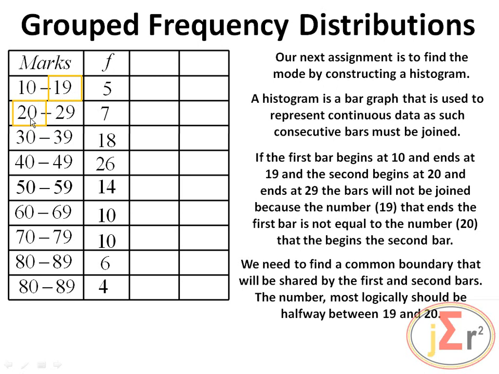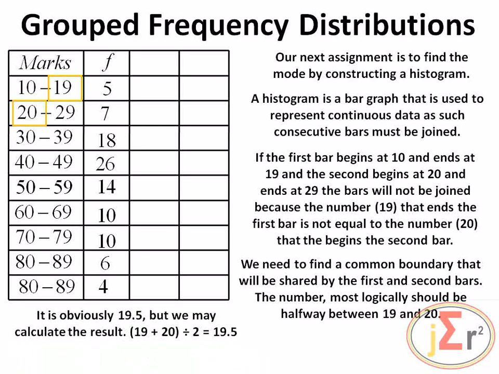I think halfway between would be quite logical. So it is obviously 19.5. But we may calculate the result. Although halfway between 19 and 20 is obviously 19.5, we can use calculation to show that. 19 plus 20 divided by 2 is 19.5.